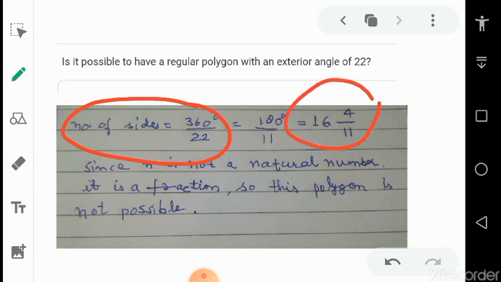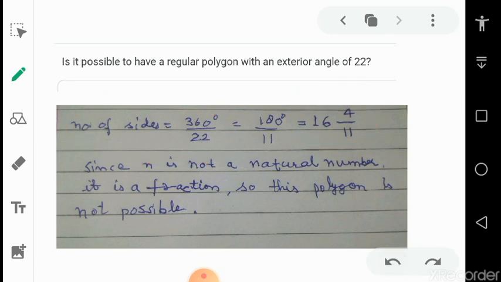The number of sides are 16, all right, but what about 4 upon 11? Not possible. We are getting this value, but the number of sides is not possible, as 16 and 4 upon 11 cannot be the number of sides. So we say, by giving the reason, since n is not a natural number, it is a fraction, the polygon is not possible. It means if we try to draw a polygon whose exterior angle is 22 degree, it is not possible.